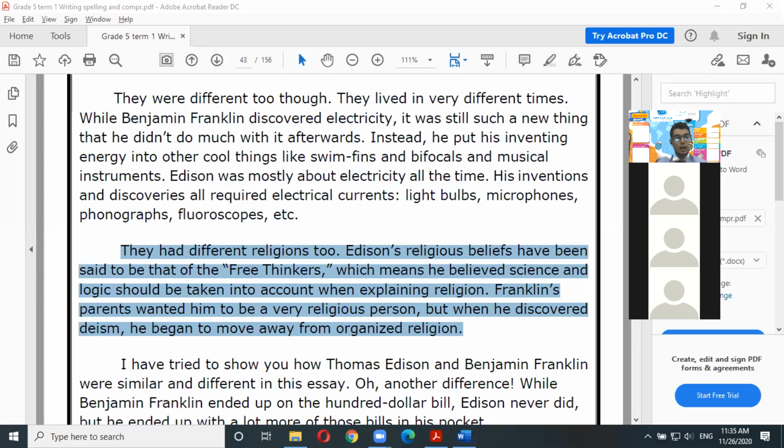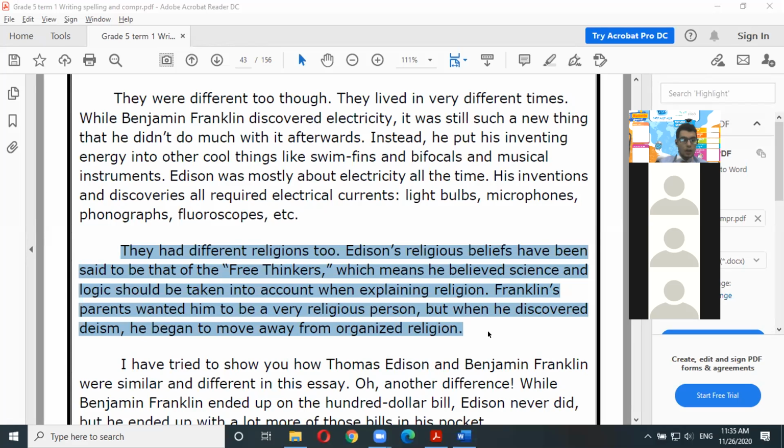So here, what else is different? Franklin's parents wanted him to be a religious person, but when he discovered deism, he began to move away from organized religion. Very good. So Edison belongs to who?